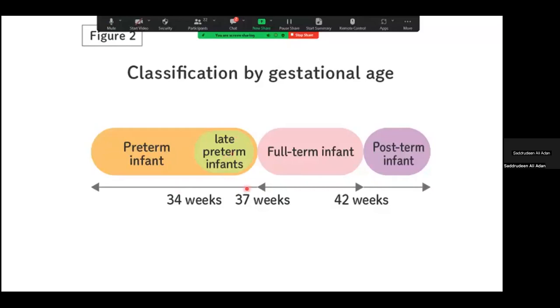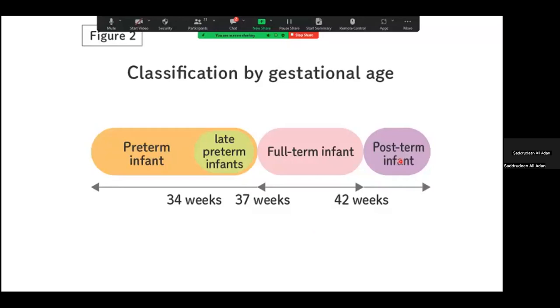Any infant who is 37 weeks and 6 days old is classified as preterm. Anyone who has not completed 37 weeks, even at 6 days out of 7, is preterm. Post-term is anything from 42 weeks and 1 day. So 37 to 42 is the full-term infant.